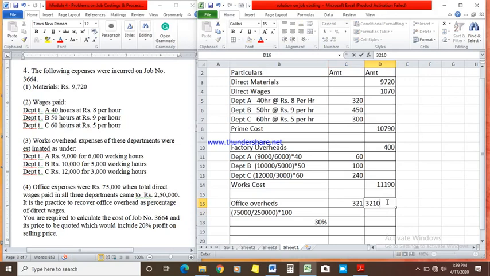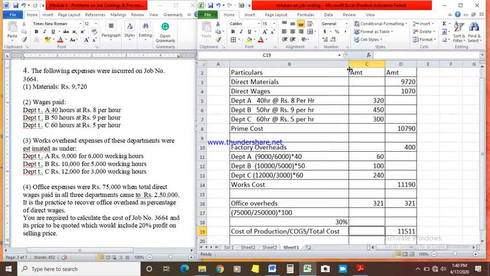The same amount I write this side, and add up. So 11,511. This becomes cost of production, cost of goods sold, and also the total cost, because we don't have selling and distribution overhead in this problem.